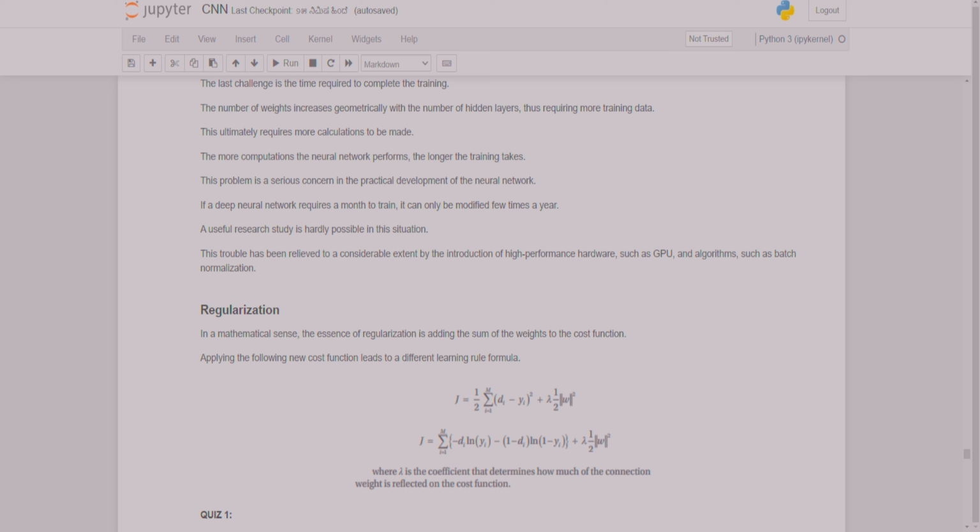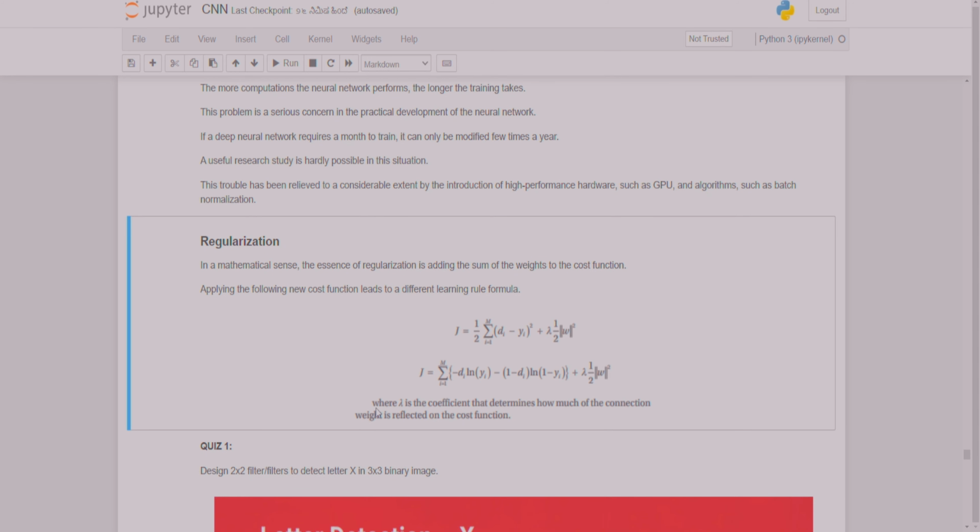Because of all these factors, we can observe better performance when we use convolutional neural networks or any deep neural networks to implement a particular problem. All right, I hope that is clear. Let's move ahead.